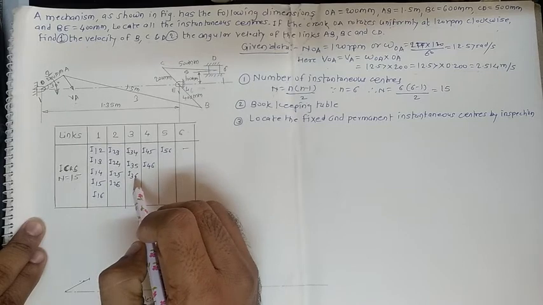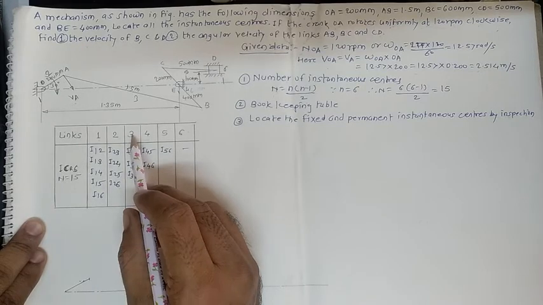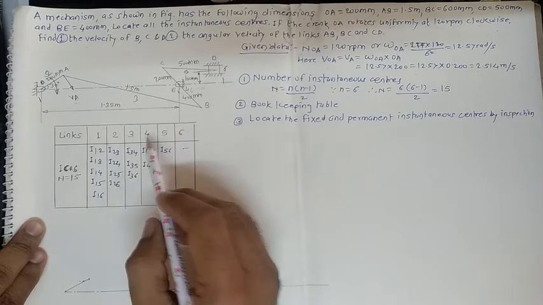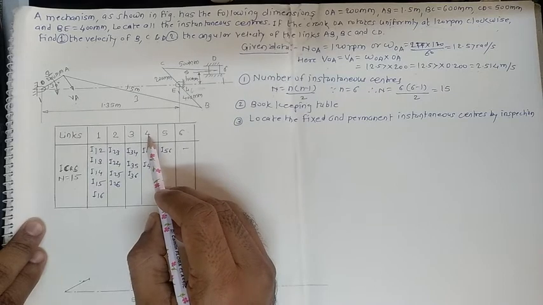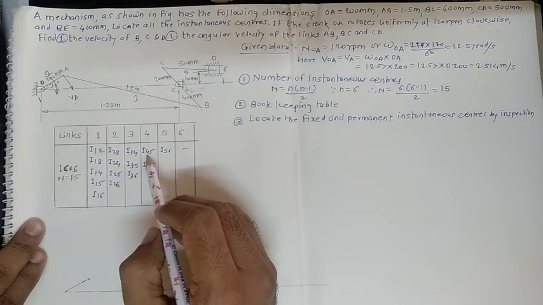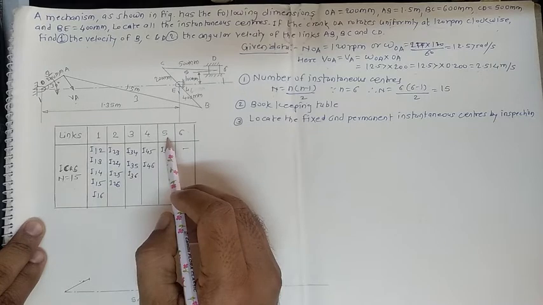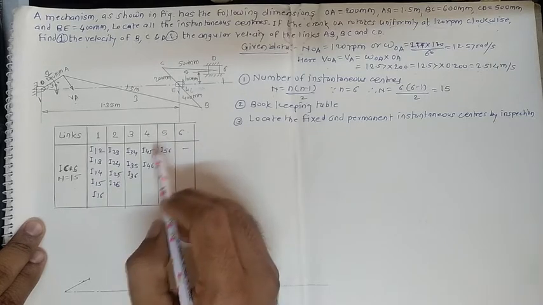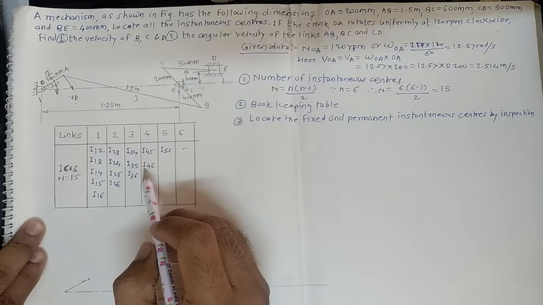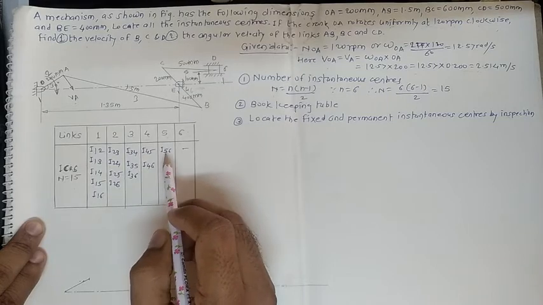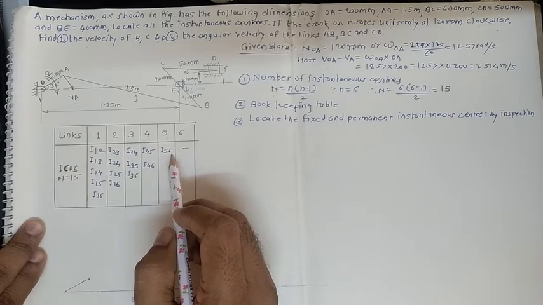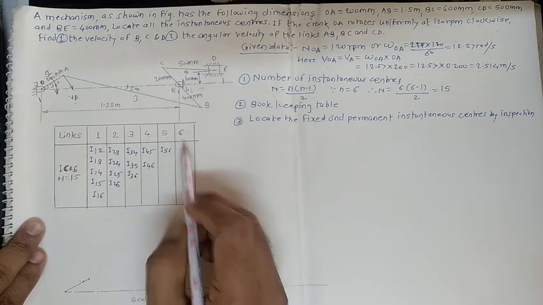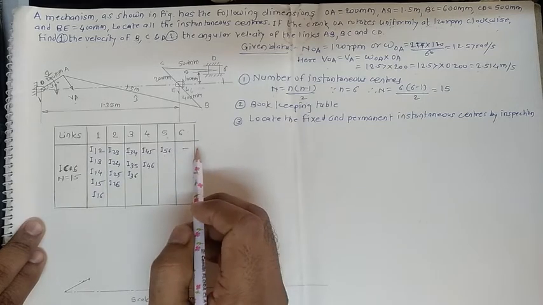Number 4 is here, so first give the suffix as 4, and next to 4 is 5 in series, so I45, the next one I46, similar case with the next one I56. After 6, no link is available, so keep a dash here.